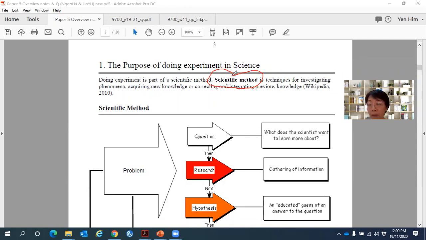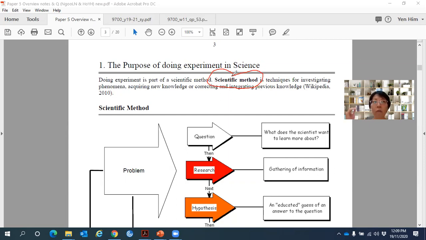What is the scientific method? It is a way for you to approach finding out some information about the nature. Okay, you want to find out some information about the nature to see whether the nature behaves in this way. Once you find out, you can inform others about this.